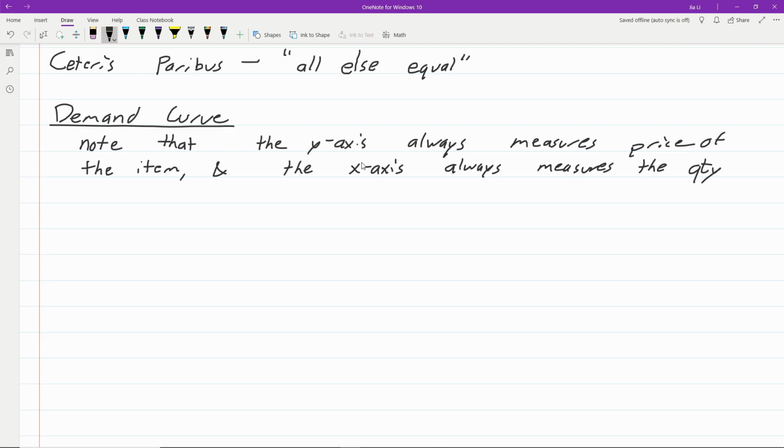But when Adam Smith, who's considered to be one of the fathers of the modern economic way of thinking, first drew a demand curve, he did it like this, where the price of the item was measured on the y-axis and the quantity of the item is measured on the x-axis.